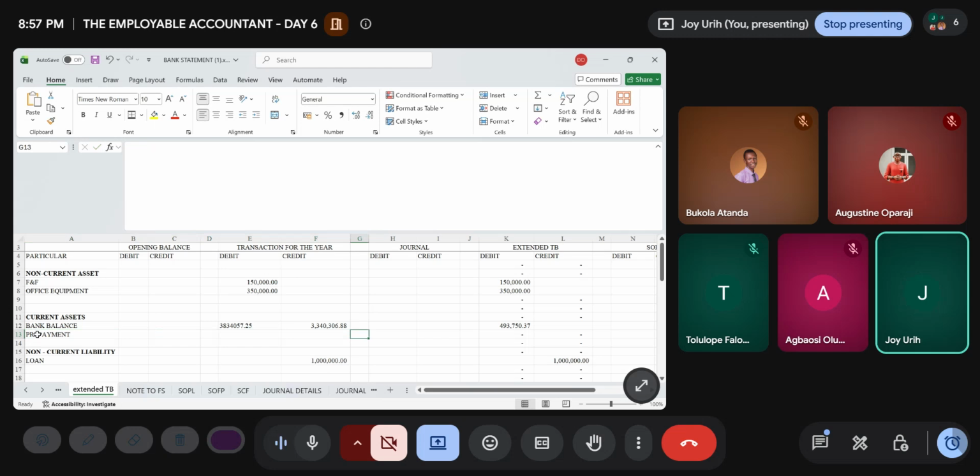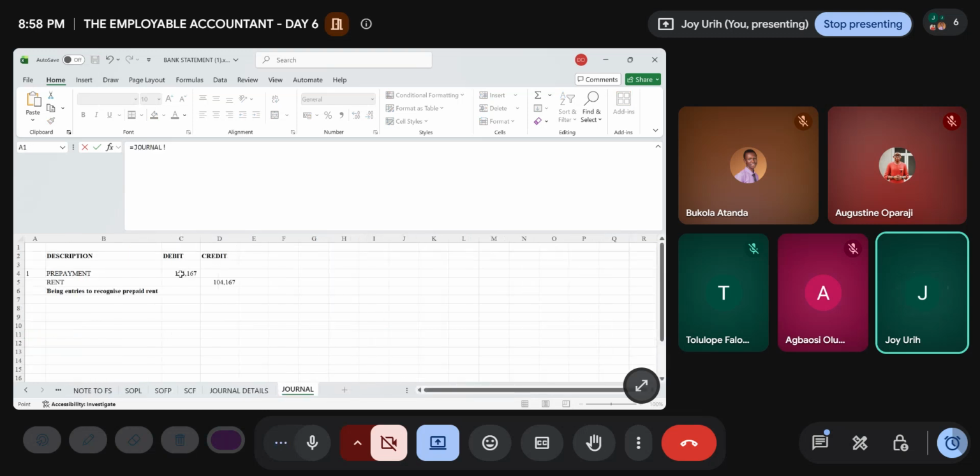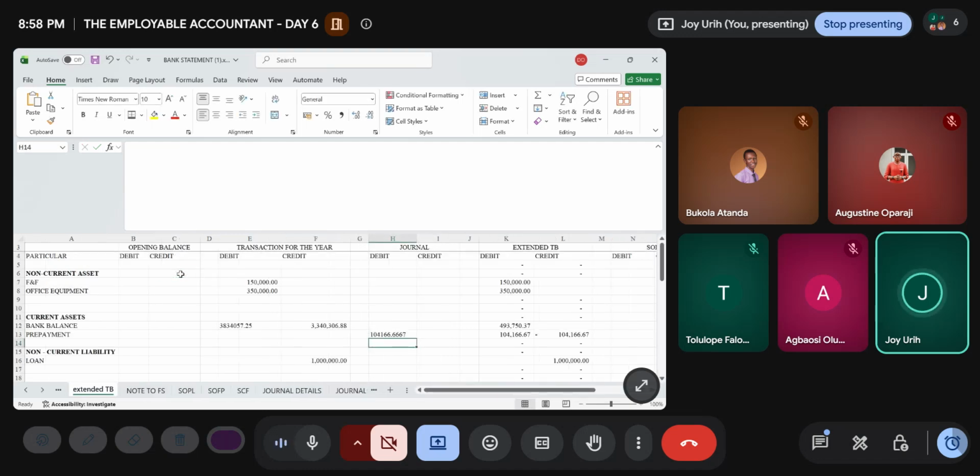So the next thing is I want to go under my journal column, not opening balance, not transaction for the year, but under the journal column, and since we are debiting prepayment, I'm going to post that figure under the debit side. So I'm going to link it from my journal. So equal to, I'll go to my journal sheet and pick the figure and press enter.